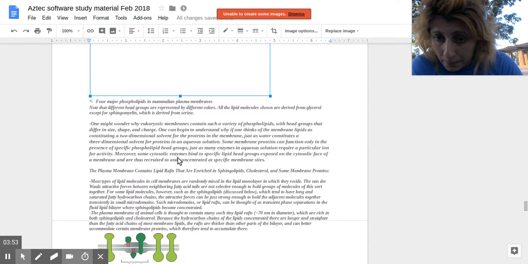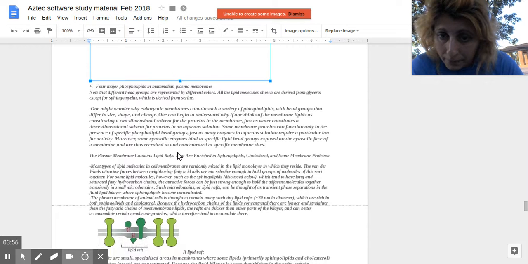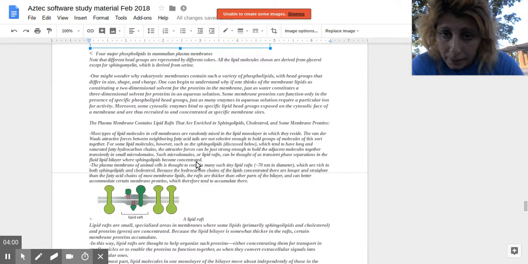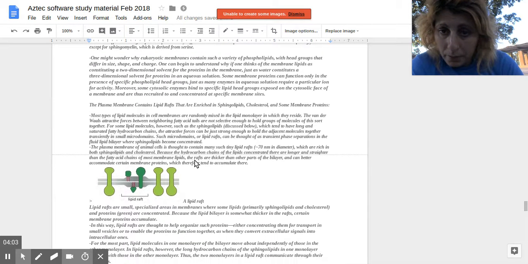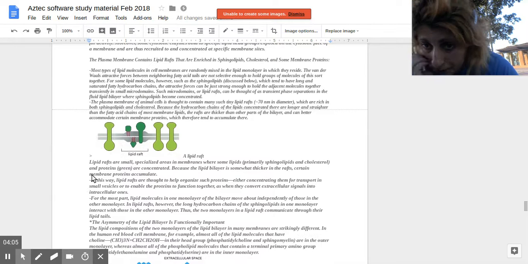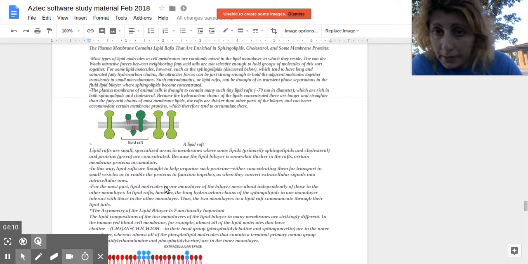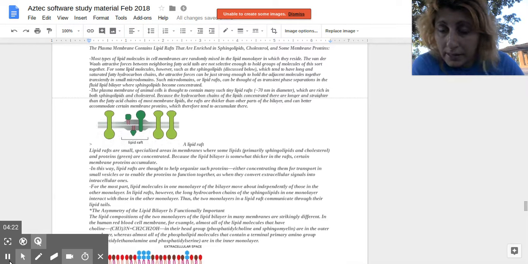So the plasma membrane contains lipid rafts that are enriched in sphingolipids, cholesterol, and some membrane proteins. Most types of lipid molecules in cell membranes are randomly mixed in the lipid monolayer in which they reside. The van der Waals attractive forces between neighboring fatty acid tails are not selective enough to hold groups of molecules of this sort together.